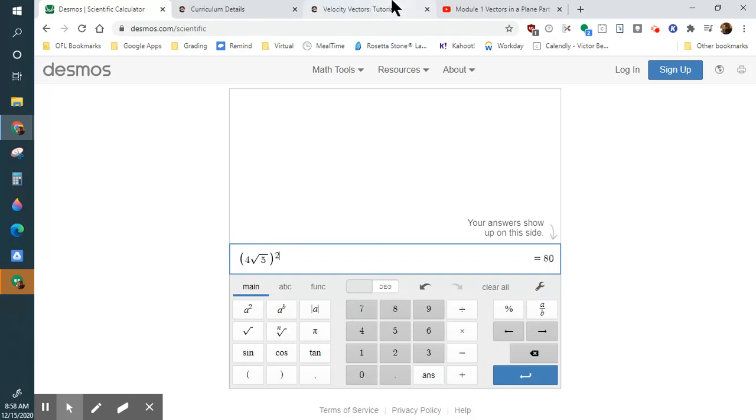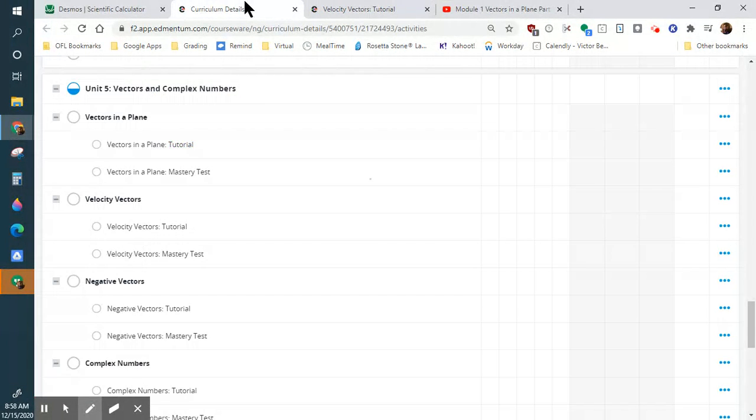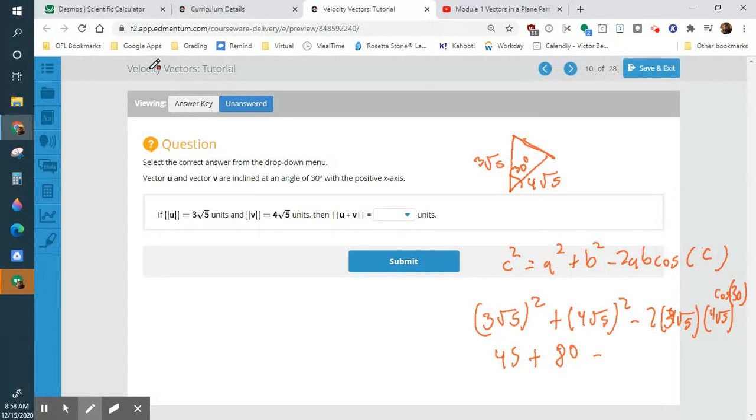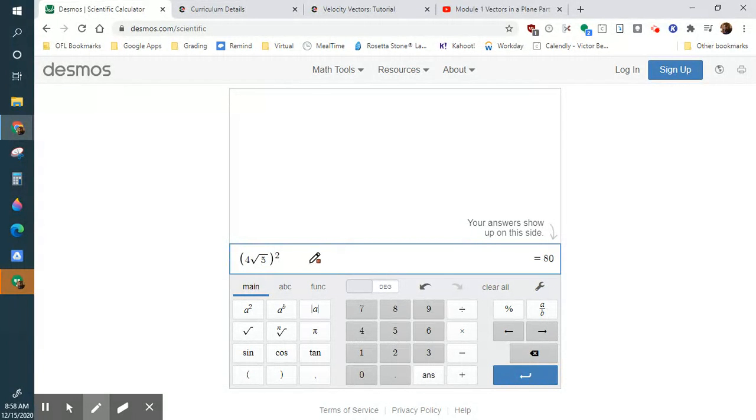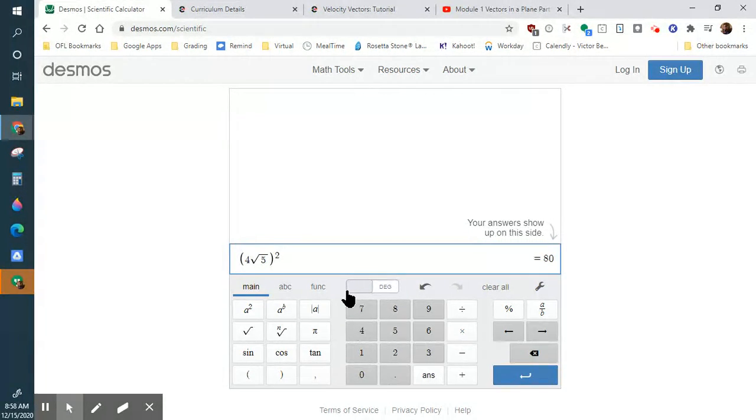So that's 80. So we're going to get 80 here. So 16 times 5 is apparently 80. Minus, oh, I'm just going to type all of that into Desmos. There is no way I'm going to do this. And actually, you can type this whole thing into Desmos. So I'm just going to go ahead and do that now that I think about it.